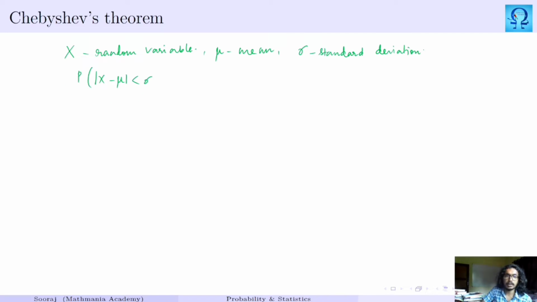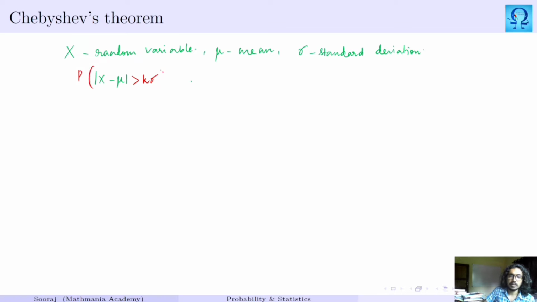The probability of this quantity is always smaller than or equal to 1. So this Chebyshev theorem is going to calculate the probability of such a thing, but if you notice, this deviation is bigger than k sigma.